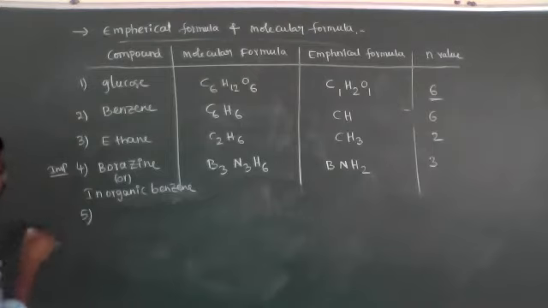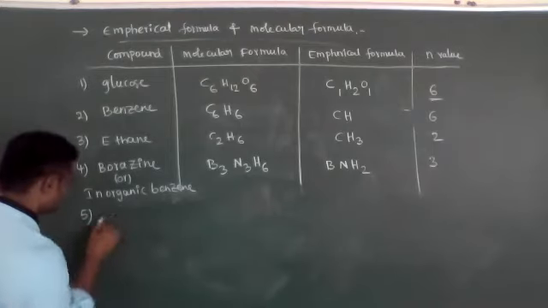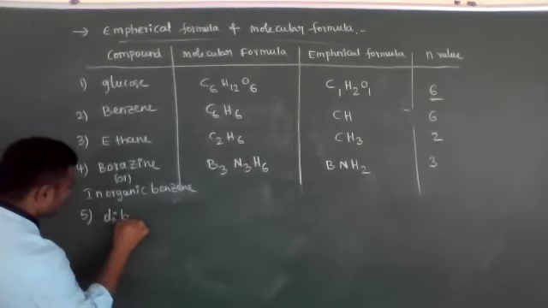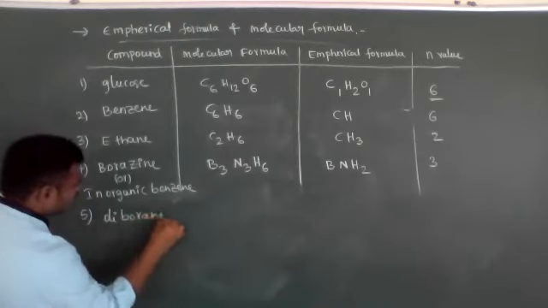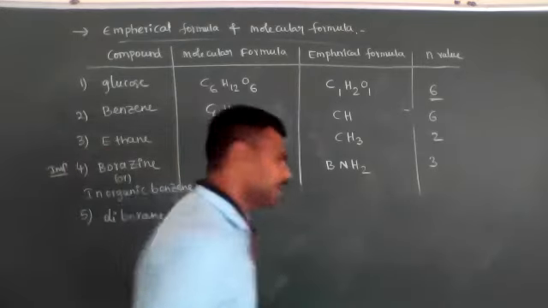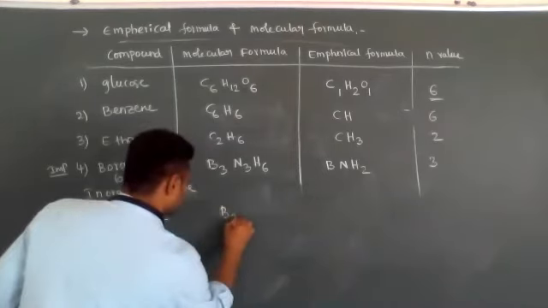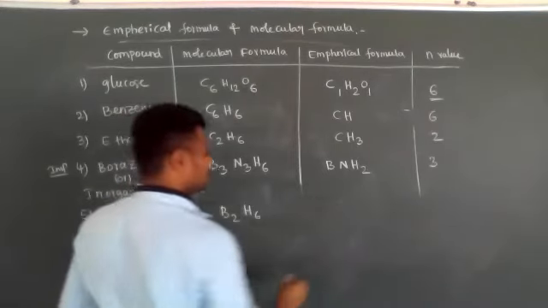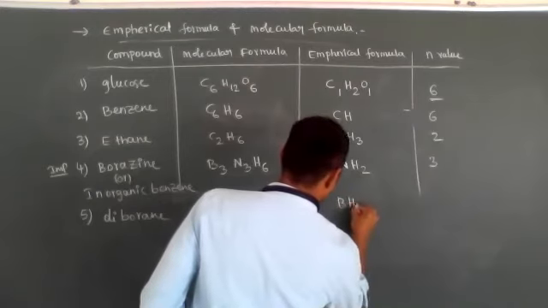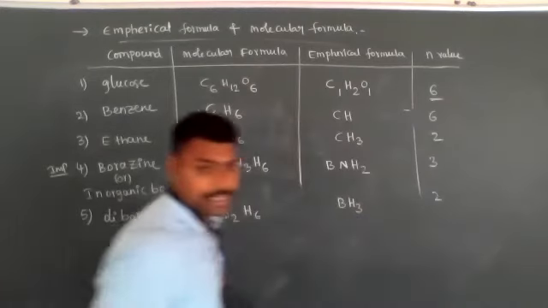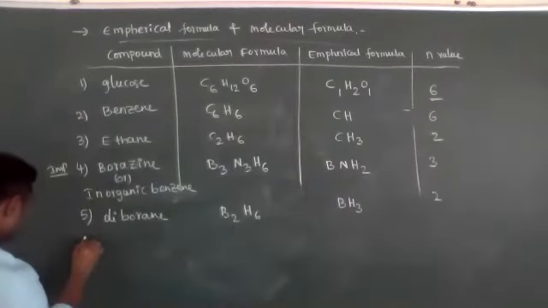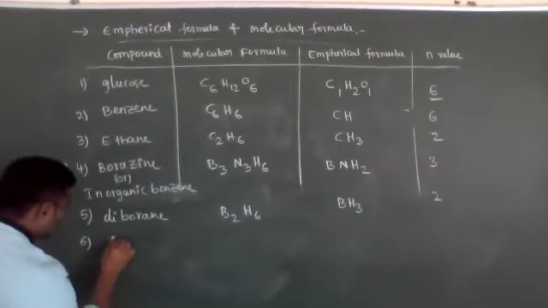Next, one more formula you see. Diborane, molecular formula B2H6. Its simplest ratio is BH3. n is equal to 2. Next, sodium chloride.